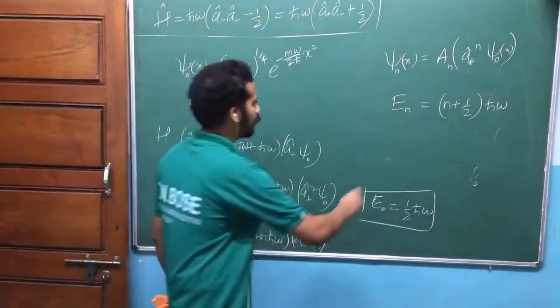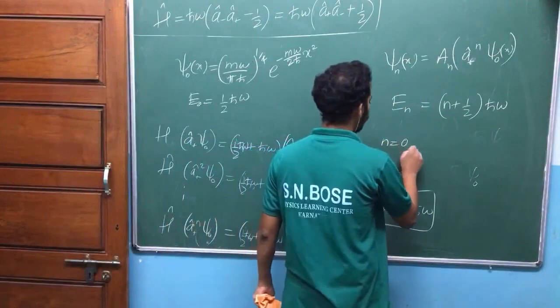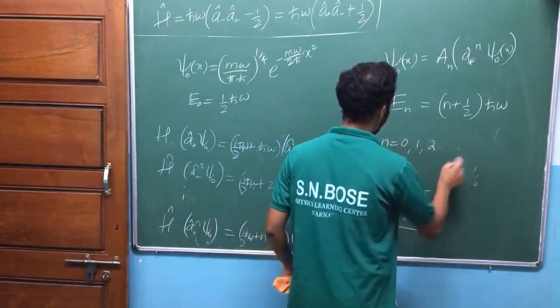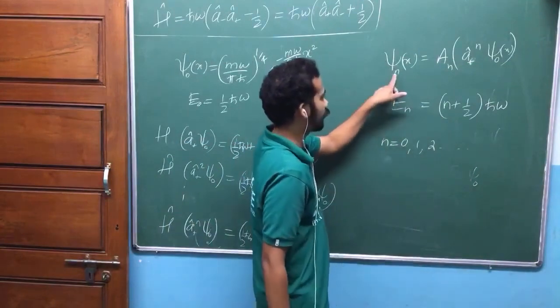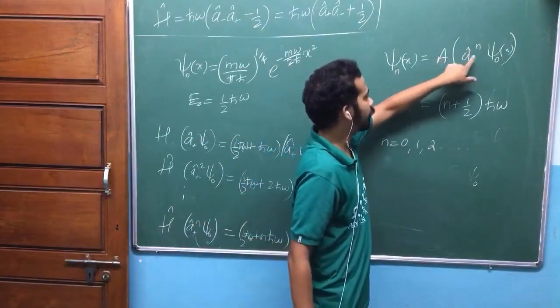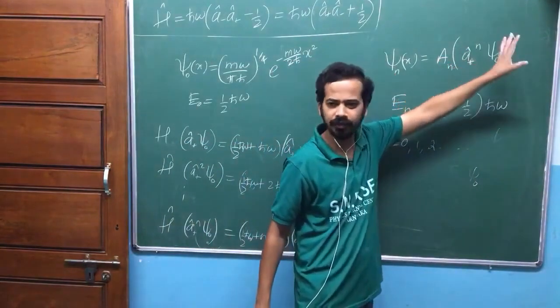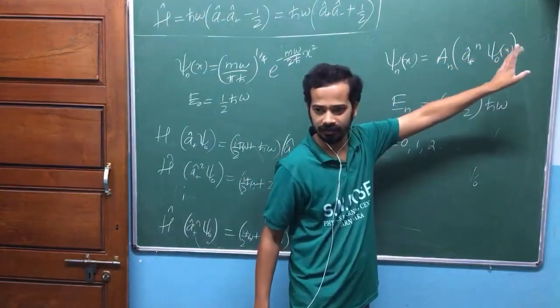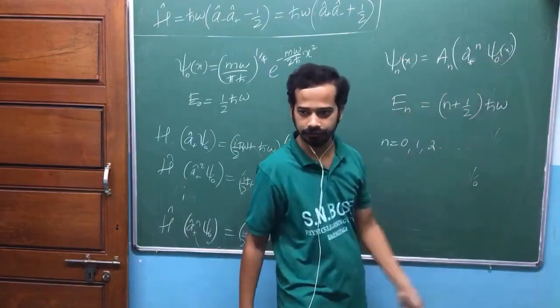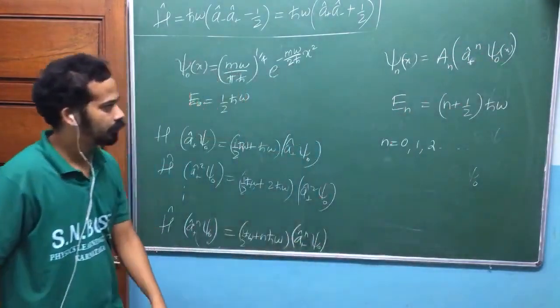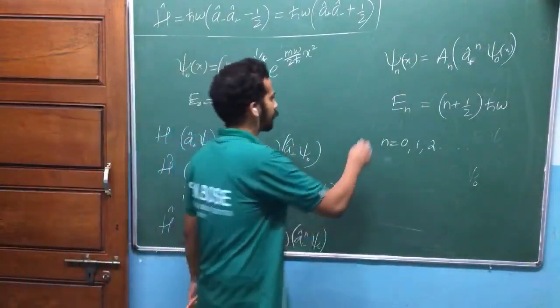Now I can just write n is equal to 0, 1, 2 and so on. Am I right? N can start from 0. If n equals 0, you will get E0, psi 0. A plus cap operating 0 times on psi naught means leaving it as it is. If you put n equal to 0, psi n equals psi naught. So this is the most general statement.